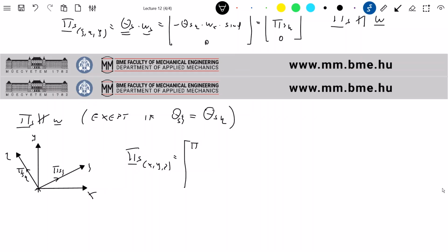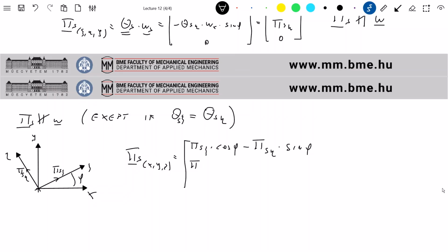Okay, so here we are projecting these two on the x, y coordinate system. Here we have pi s psi times cosine of phi, this angle is phi, minus pi s eta times sine of phi.